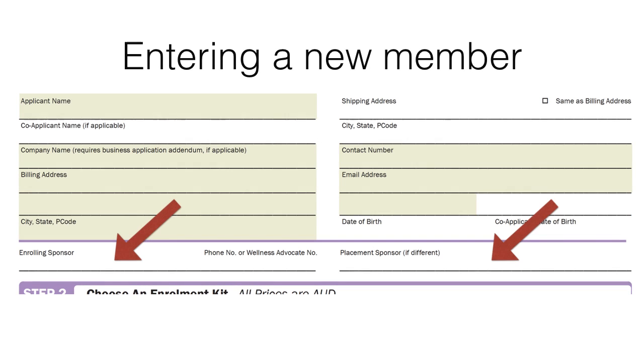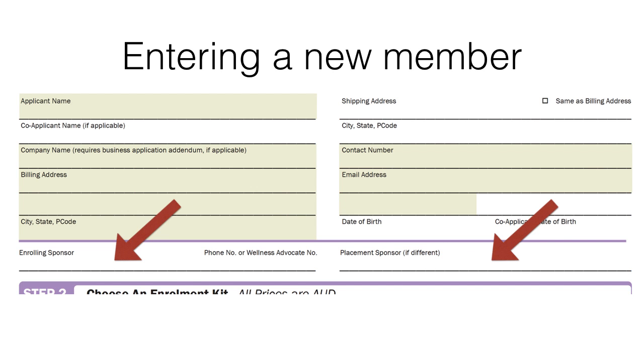The first place you encounter the enroller and sponsor idea is on the new membership form. Someone's filling it out and they'll ask, what is enroller? Who is that? And then the other is placement sponsor. You need to know these. People filling out the forms may not necessarily know.